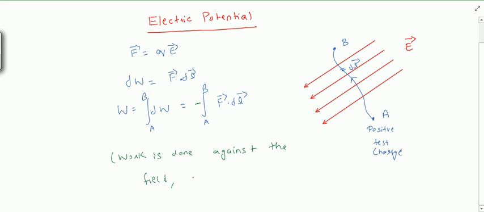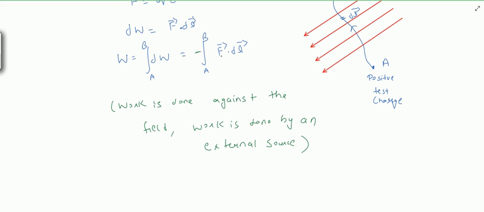So we can also say that the work is done by an external source, that's why we have to take the negative sign here.